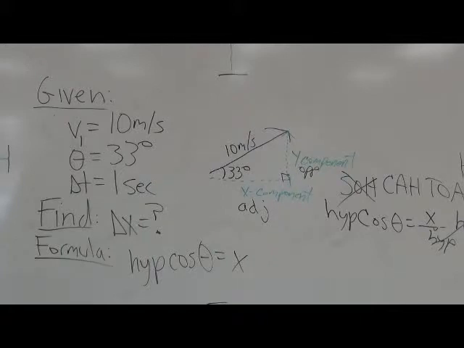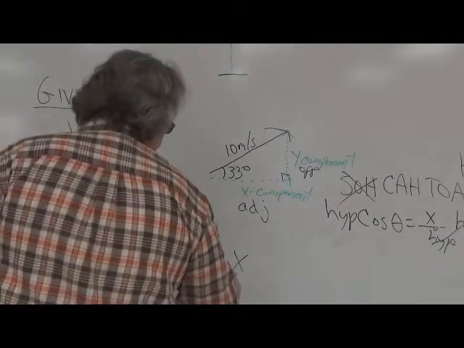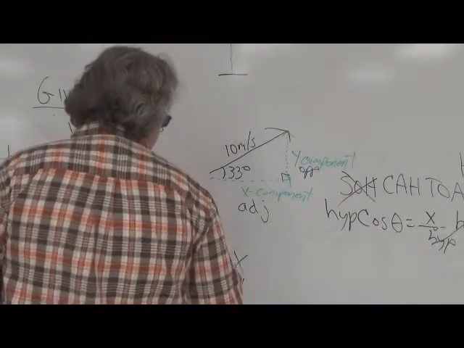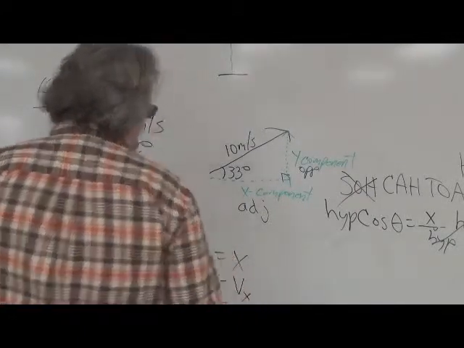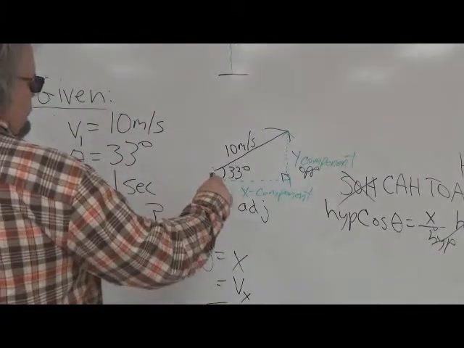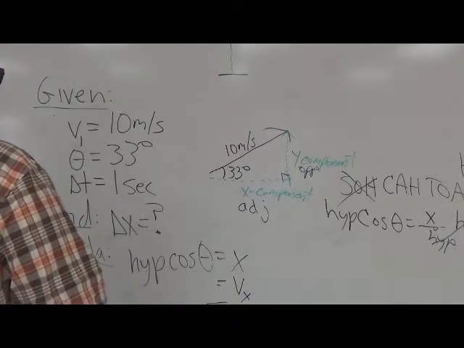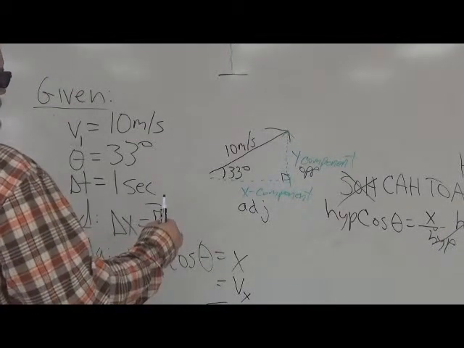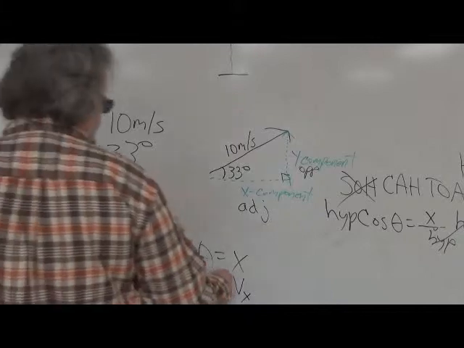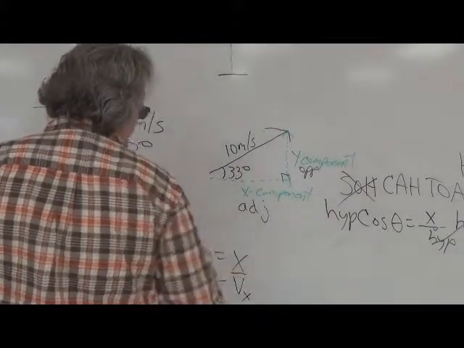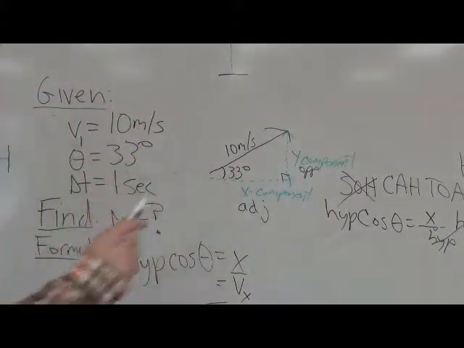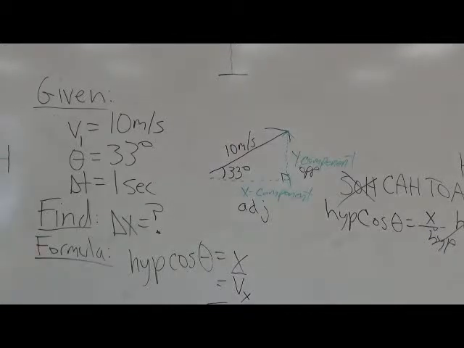So what we can say is the velocity in the x direction is the same for this entire path. And so what we're going to do is say this could be average velocity, because it's constant velocity. So figure it out right now.